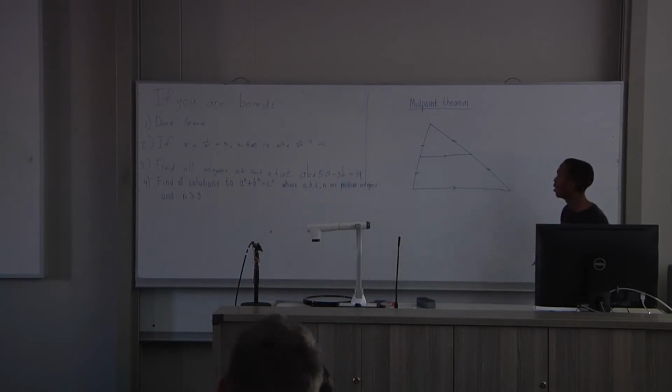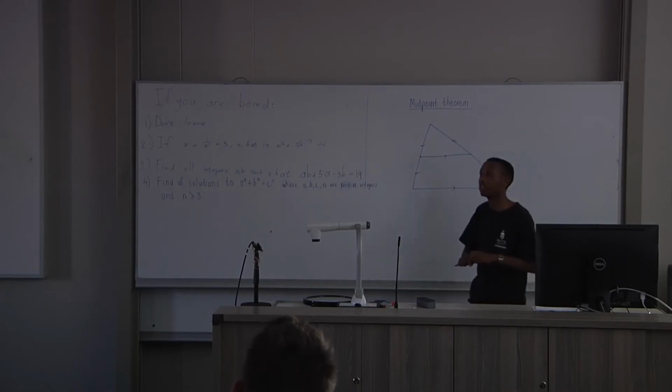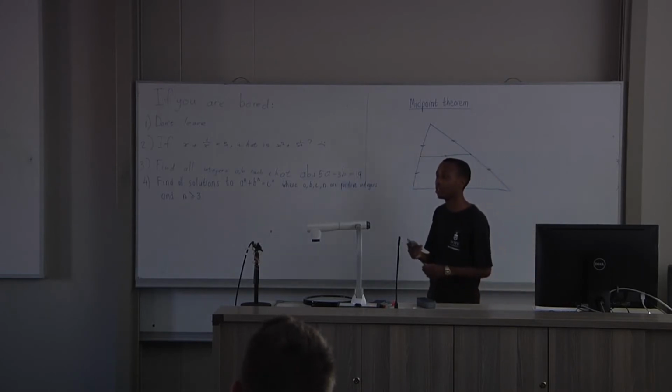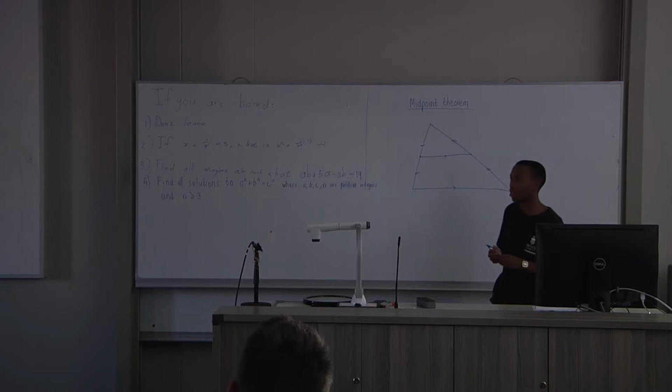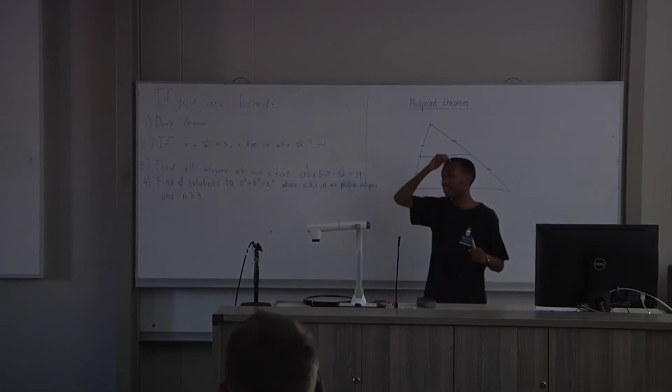I'll demonstrate something that you often use in geometry, which is a construction. I think there are several solutions to this, but I'll show you the one that I came up with.